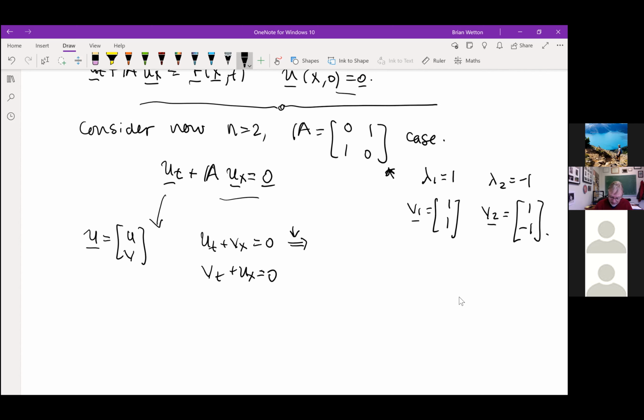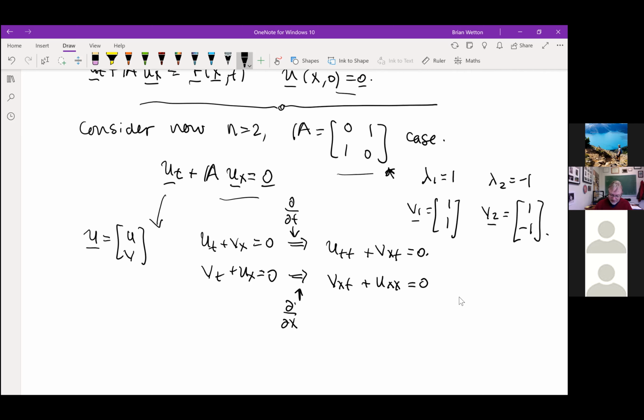And I can take the derivative with respect to t of that, as long as solutions are smooth enough, and I get u_tt plus v_xt is 0. I can take the x derivative of this one, as long as solutions are smooth enough, and I get v_xt plus u_xx is equal to 0. And I'm going to use this.